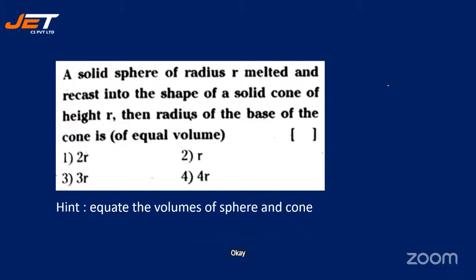Okay, so volume of the sphere and volume of the cone. So volume of the sphere is 4/3 pi r cube. Isn't it? 4/3 pi r cube. This is volume of sphere.